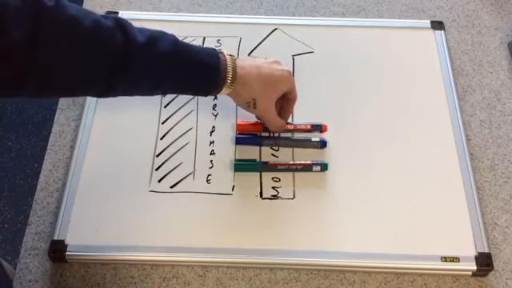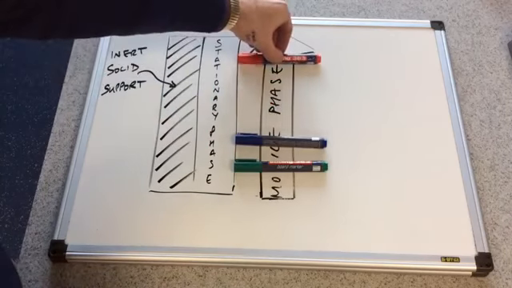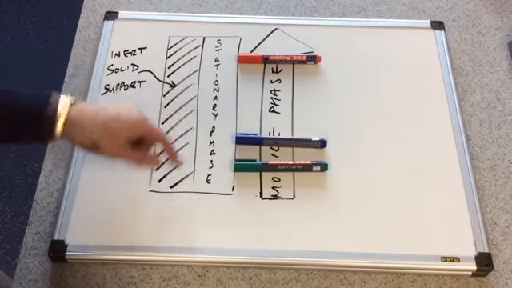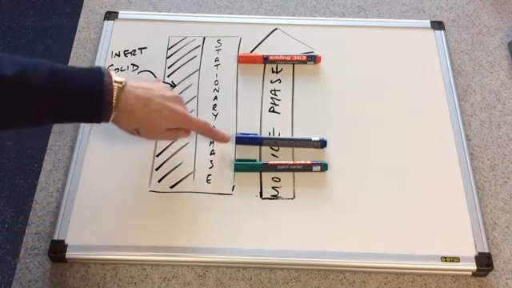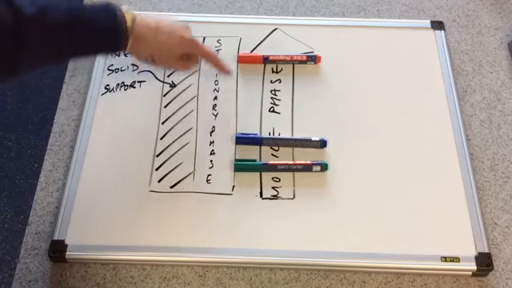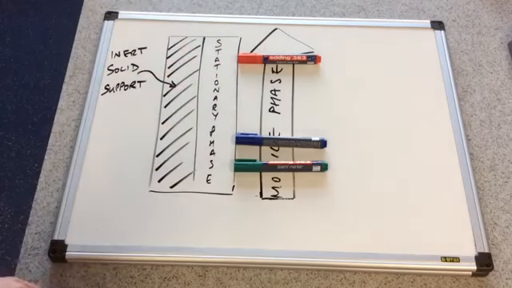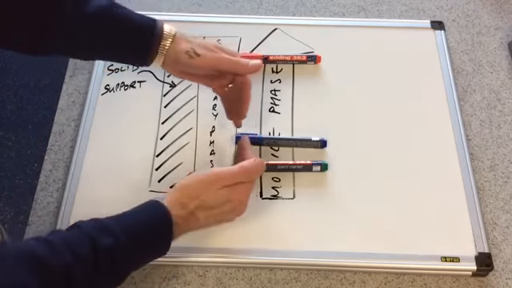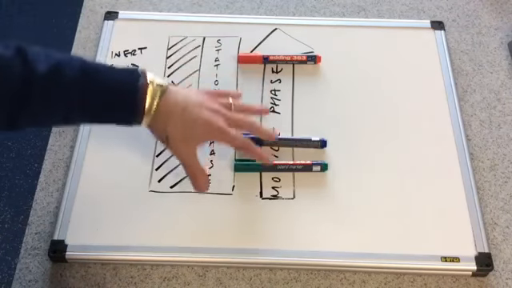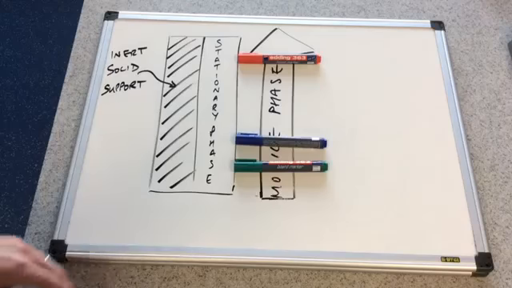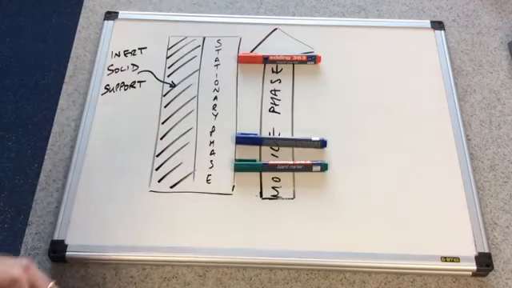That means the mobile phase will carry it much further. And let's just leave the blue there. So that's saying that the blue interacts less strongly than the green, but more strongly than the red. So by the different interactions between the ink components and the stationary phase, we've allowed separation to take place.